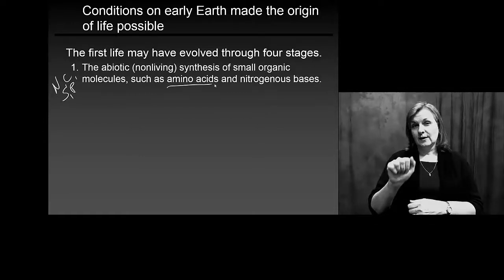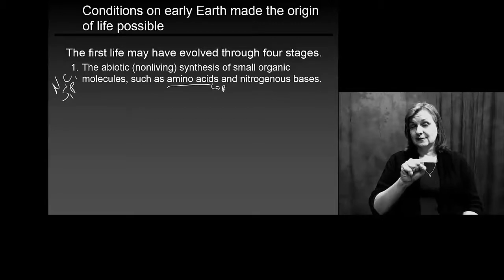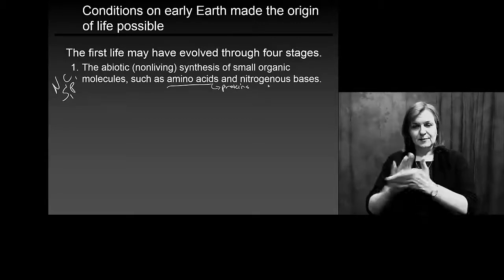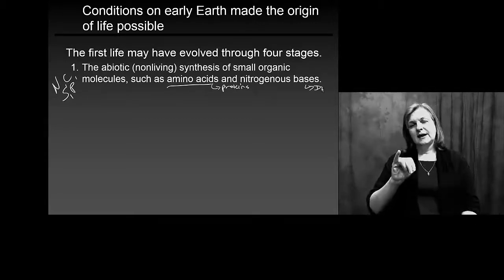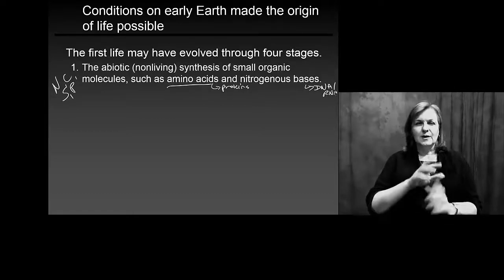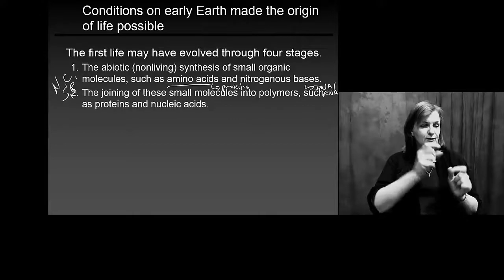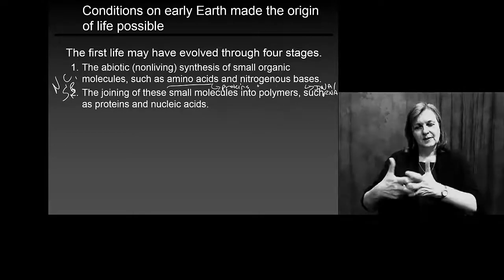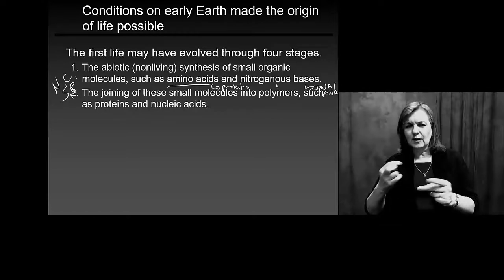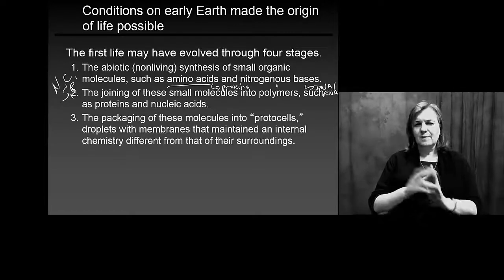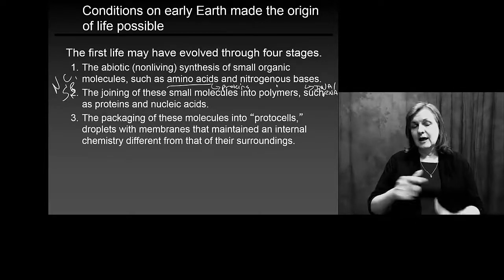So forming things like amino acids, which would eventually form proteins, and nitrogenous bases eventually forming DNA and RNA and so on. We also have to think about putting these together into polymers, so into proteins, into DNA, into RNA, and then eventually putting those together into something we call a protocell.